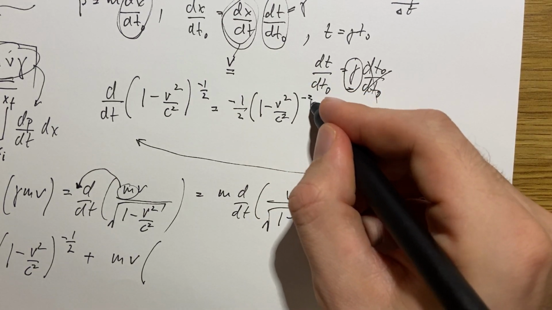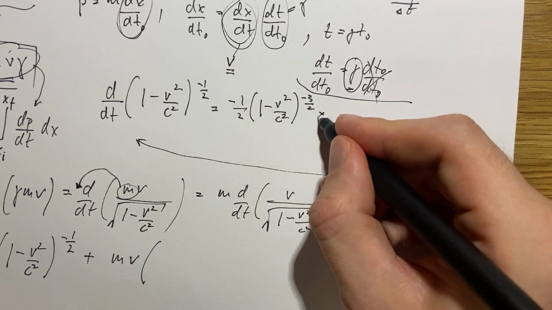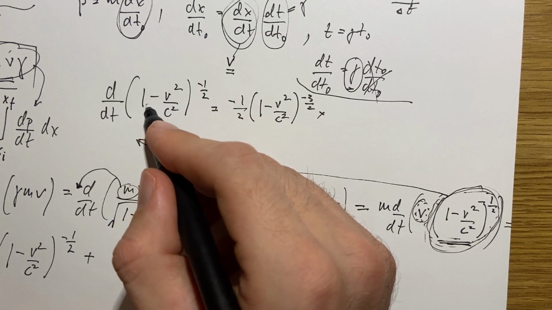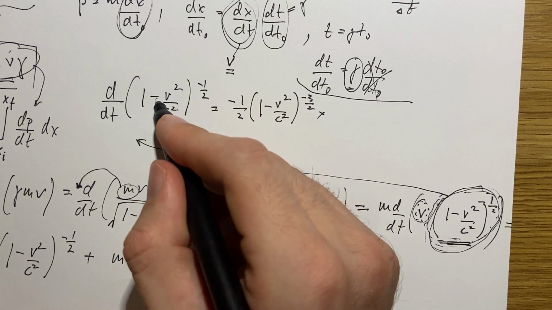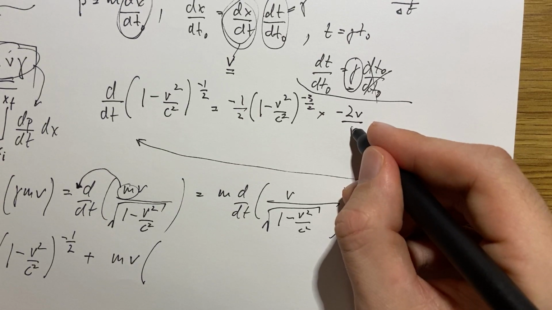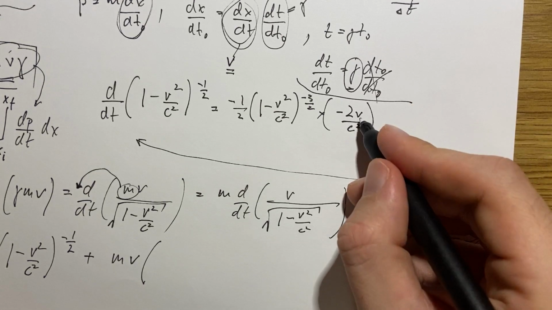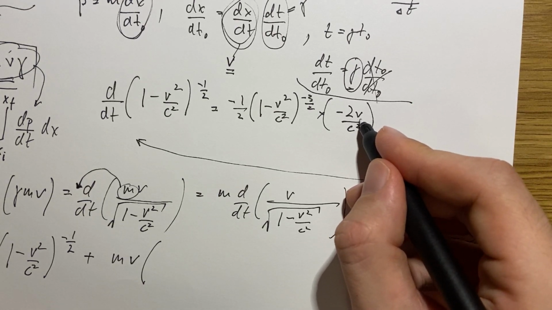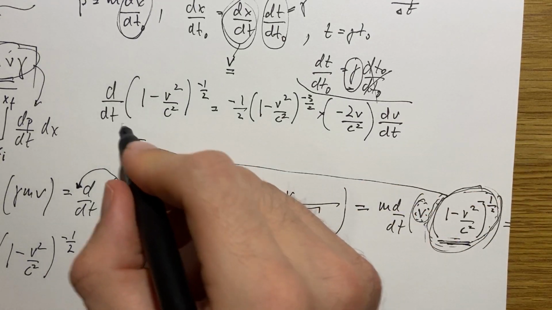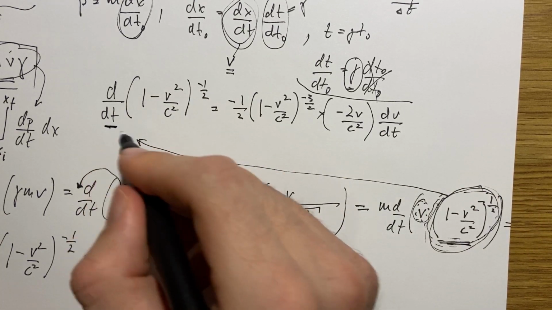And then we need to take away 1 from that power. This times the inner function. The 1 will disappear, and then we move down the 2, so we will have minus 2v over c squared, and that of course multiplied by, well, the chain rule again, so we need to multiply it by dv by dt, because remember, we are differentiating with respect to t, not v.